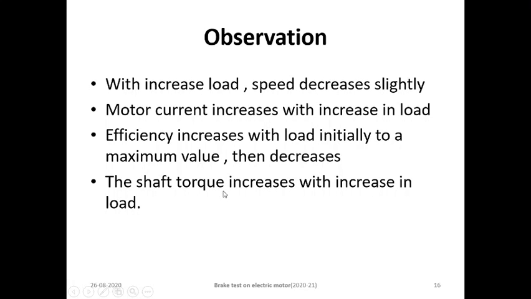The shaft torque also increases because we are applying the load. For every load the torque will increase because we are not applying a constant load. So the torque needed to rotate the shaft varies with the variable loads.